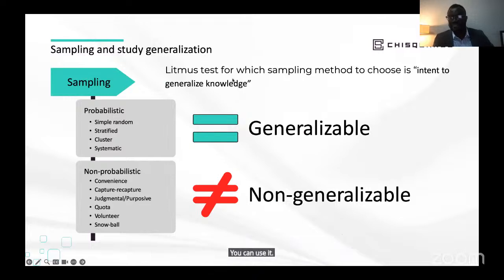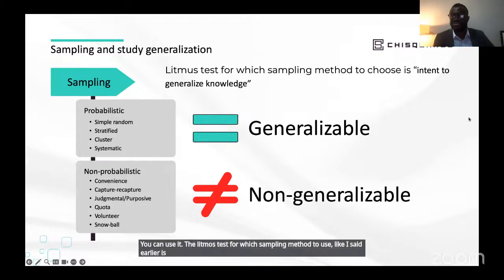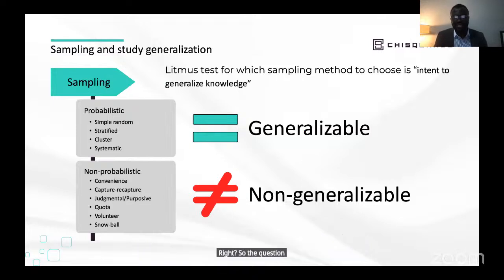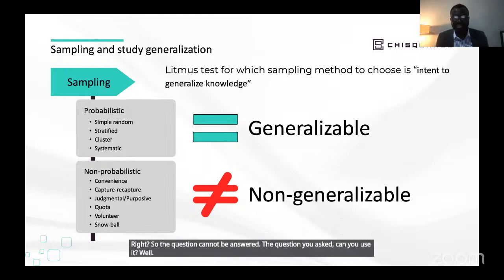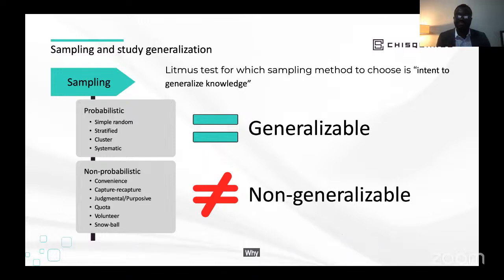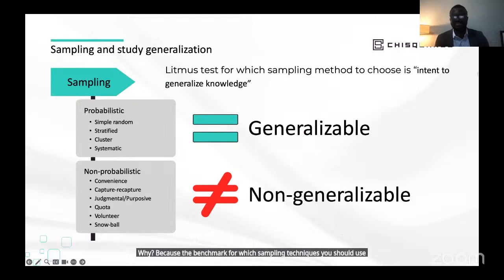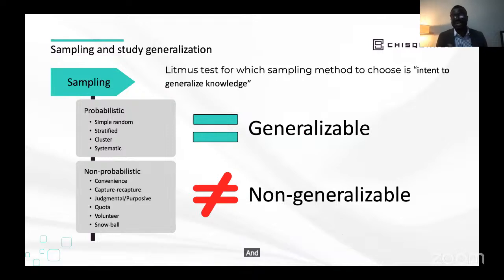The litmus test for which sampling method to use, like I said earlier, is the intent to create generalizable knowledge. Intent is something that is in your head, right? So we can't really answer that question, because you're the only one who can. The benchmark for which sampling technique you should use is based on intent, and since we don't know what your intent is, we can't answer it.